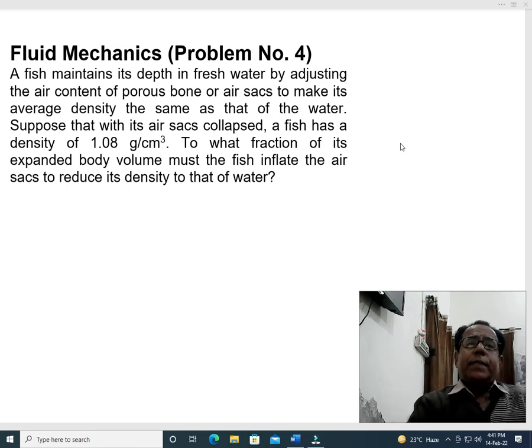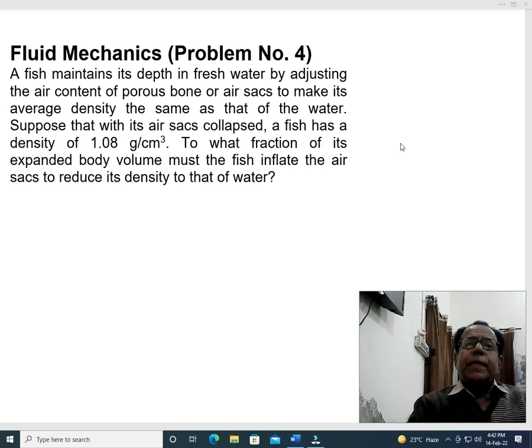A fish maintains its depth in fresh water by adjusting the air content of porous bone or air sacs to make its average density the same as that of the water.